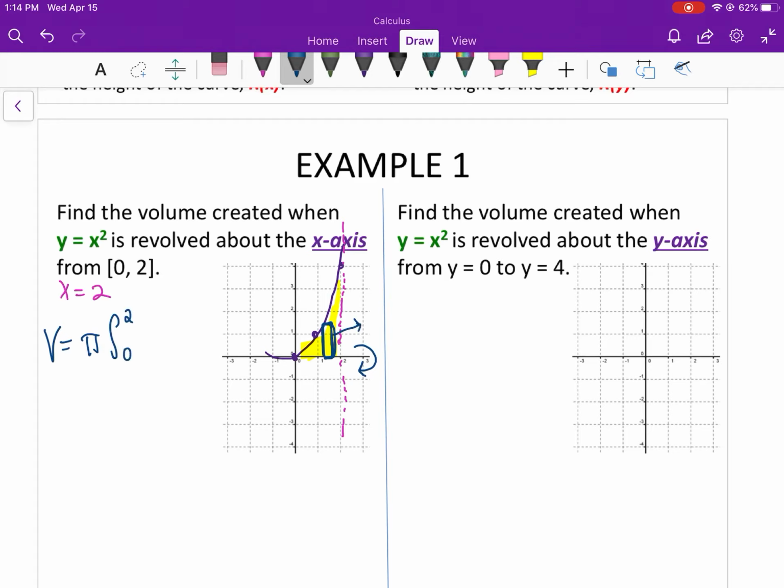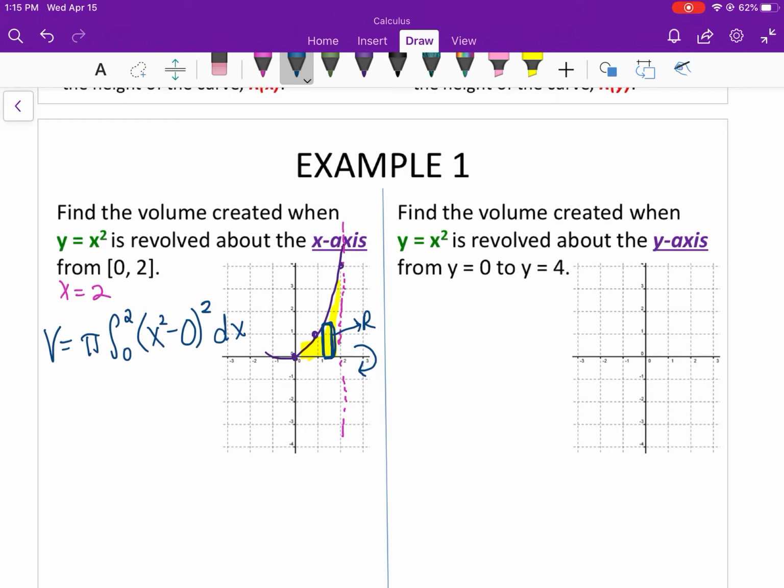So this is your radius, and your radius is the top of the rectangle minus the bottom of the rectangle. So the top of the rectangle is the curve x squared. The bottom of the rectangle is 0. And then I'm going to square that. And then dx represents the width of the rectangle.